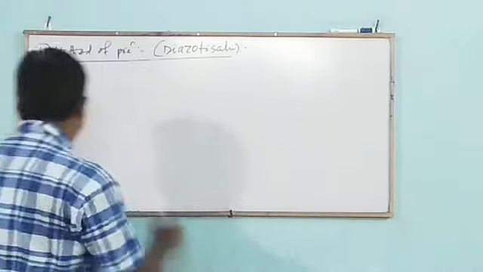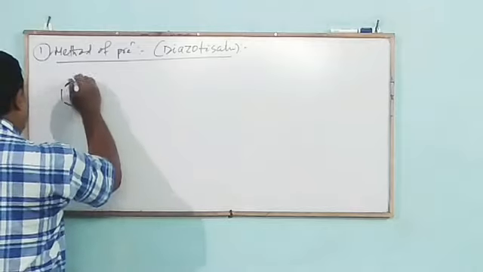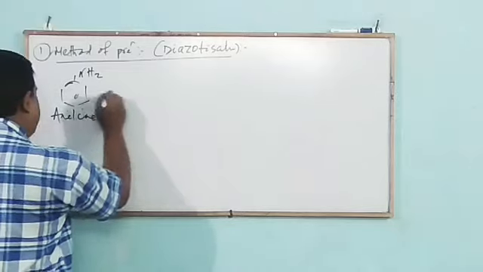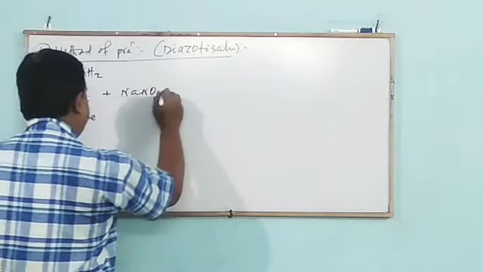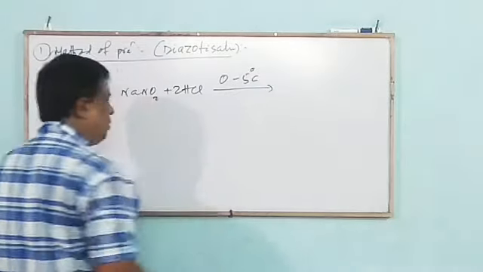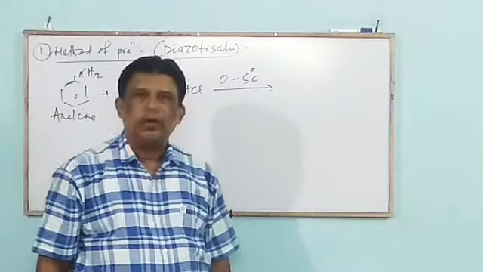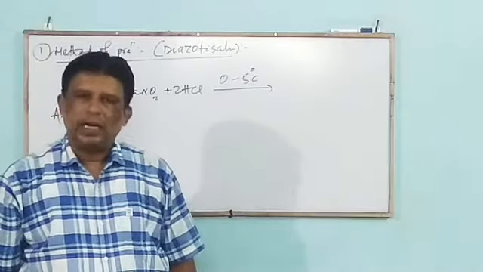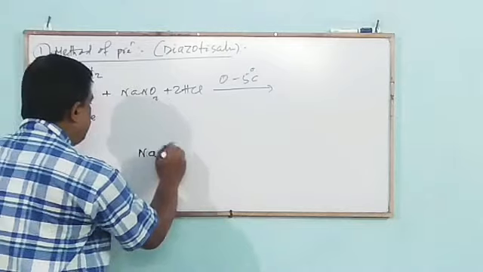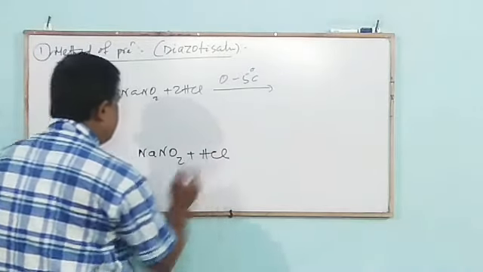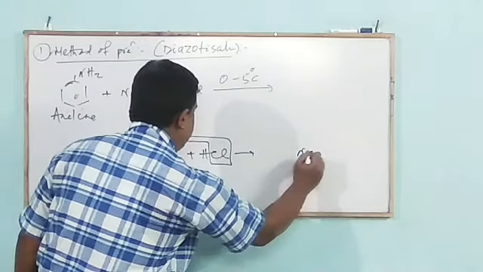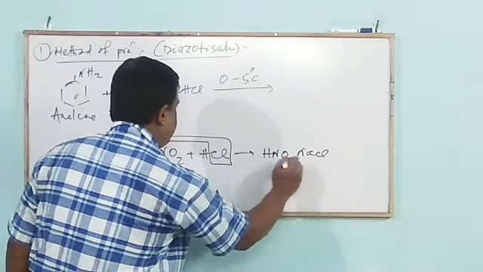Mark that, the equation. Aniline reacts with nitrous acid at ice cold temperature. Nitrous acid, whenever necessary, we prepare freshly by taking the mixture of sodium nitrite and concentrated hydrochloric acid, as a result of which the byproduct is NaCl and the main product is HNO2.